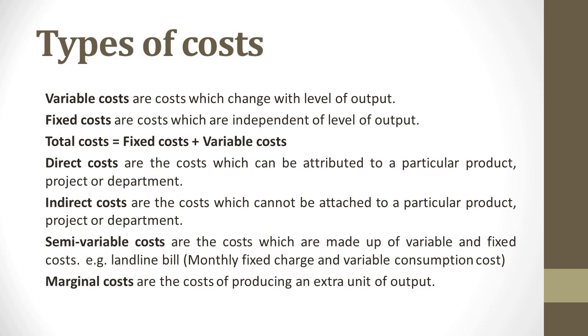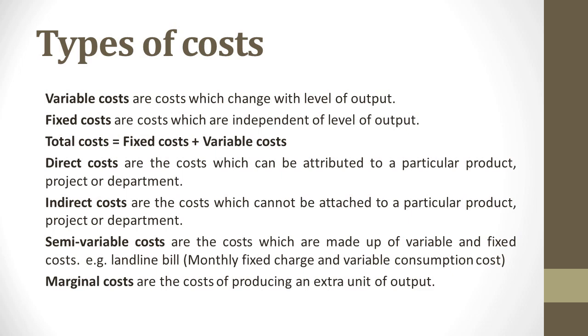After that, we jump on to another type of cost, which is the last cost to be discussed under the scope of this chapter. We are going to talk about semi-variable costs. We come across a lot of examples of these types of costs, such as landline bills and the electricity bill, where we have some variable element and some fixed element.